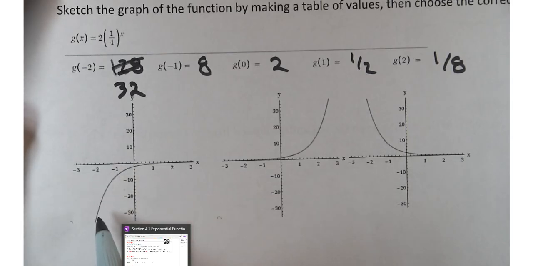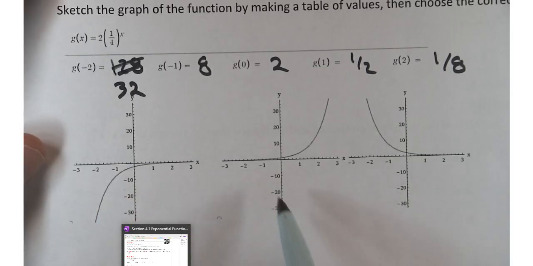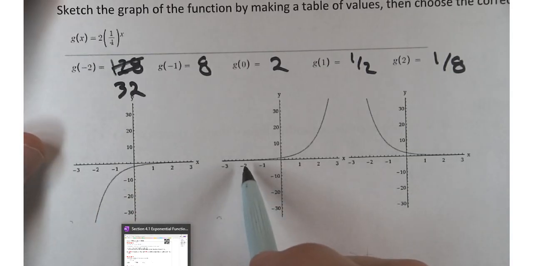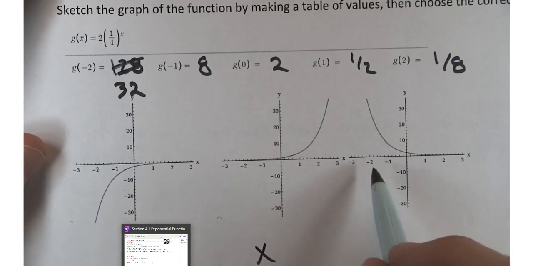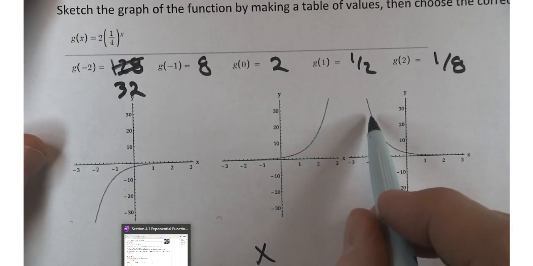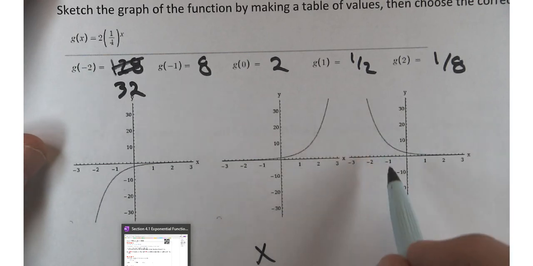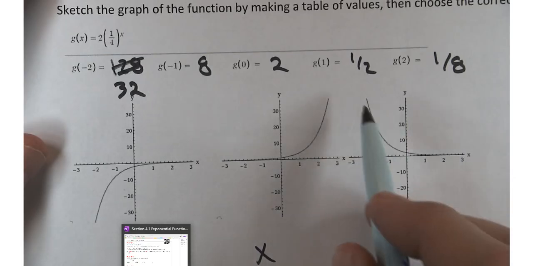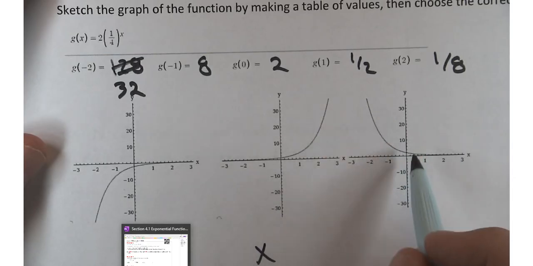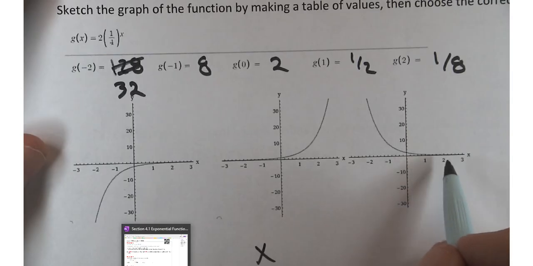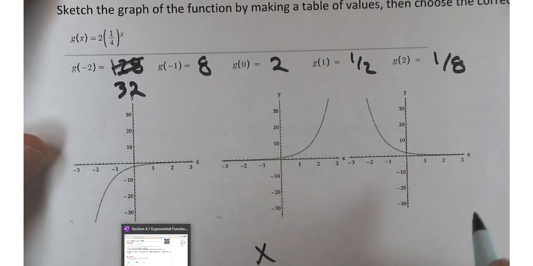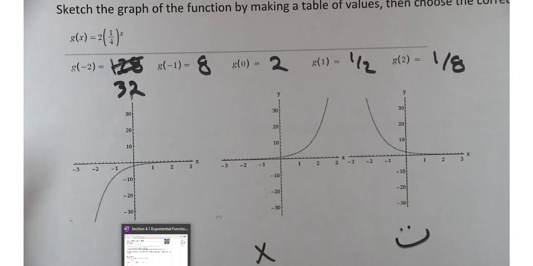So that means this isn't right. If I put in -2 and look for 32, I'm not seeing that one. How about this one? Is that one looking possible? At -2, yeah, something up in the 30s. Okay. And you can check out things on the right side of the y-axis. At x equal 1, something pretty small, and x equal 2, something even smaller, so that one's looking pretty good.